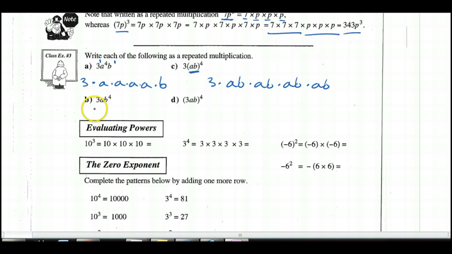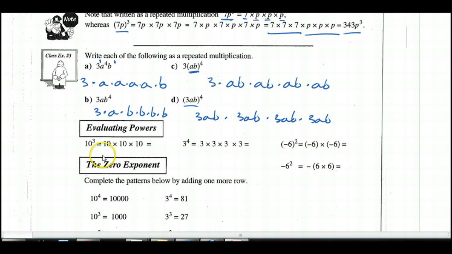The one over here would be 3 times A times B times B times B times B. And finally, if everything's in brackets, it would be 3AB times 3AB times 3AB times 3AB.